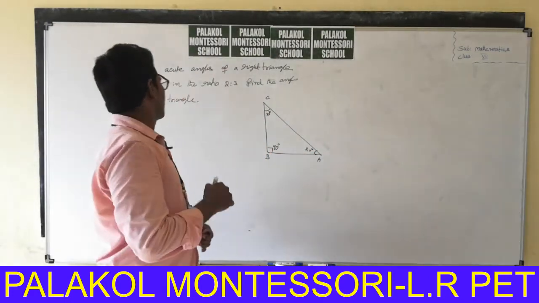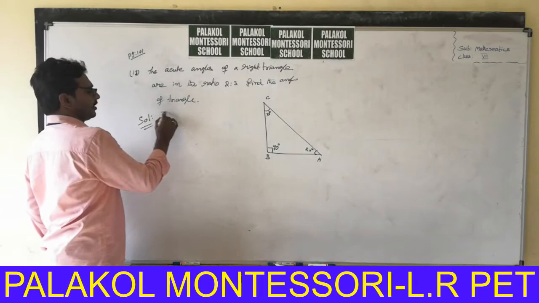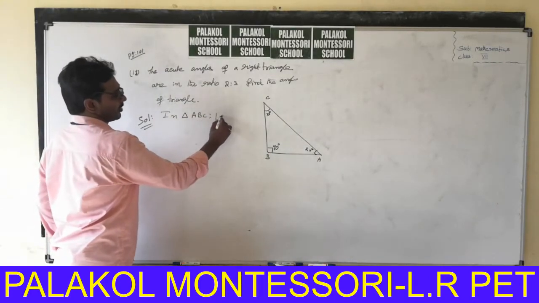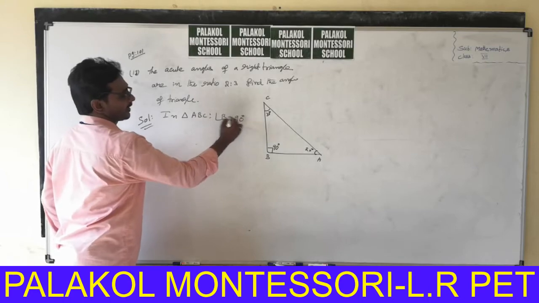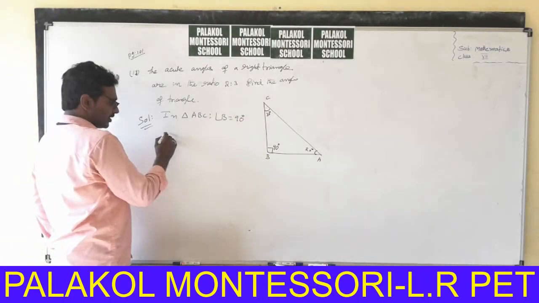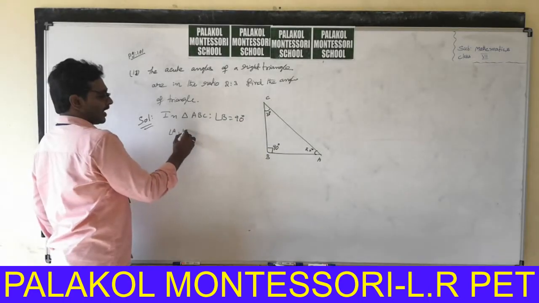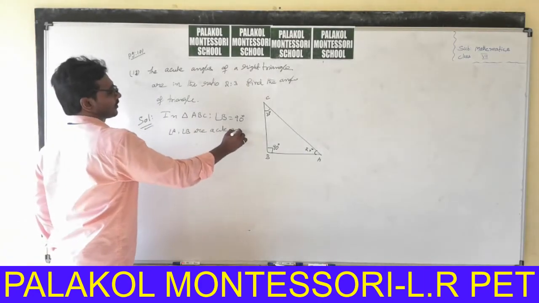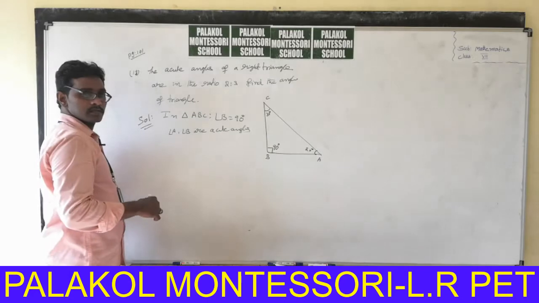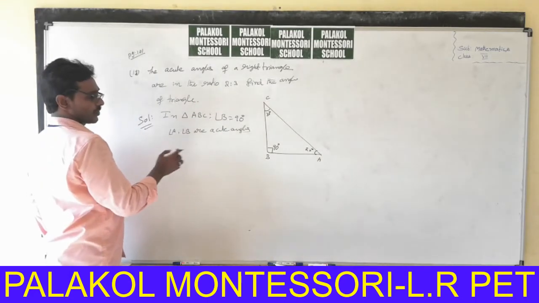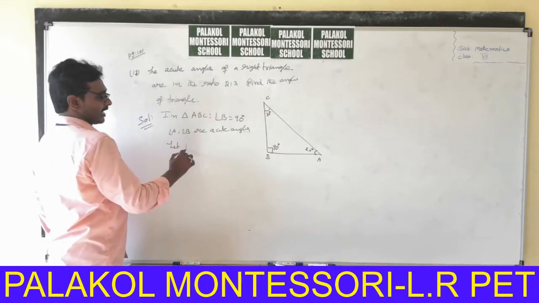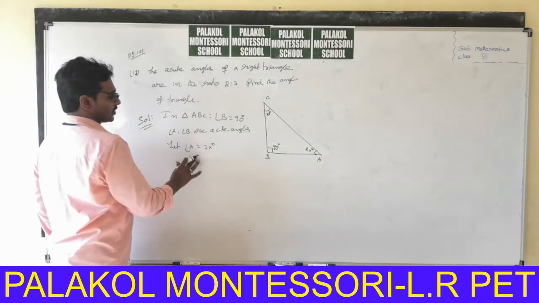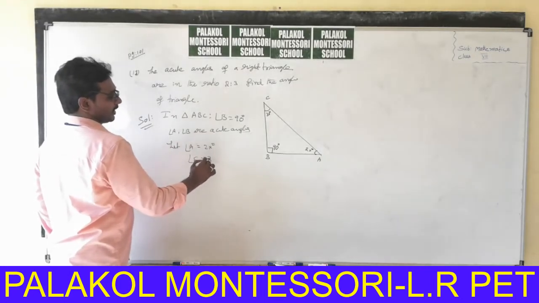So guys, see, in triangle ABC, angle B is equal to 90 degrees. That means angle A and angle C are acute angles. So let angle A be equal to 2x and angle C be equal to 3x.